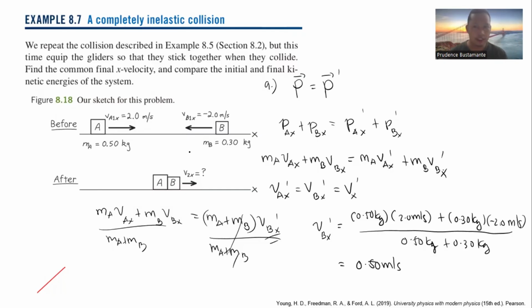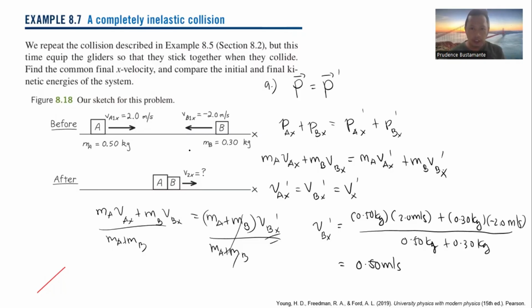So this is a completely inelastic collision, meaning they have the same final velocity.